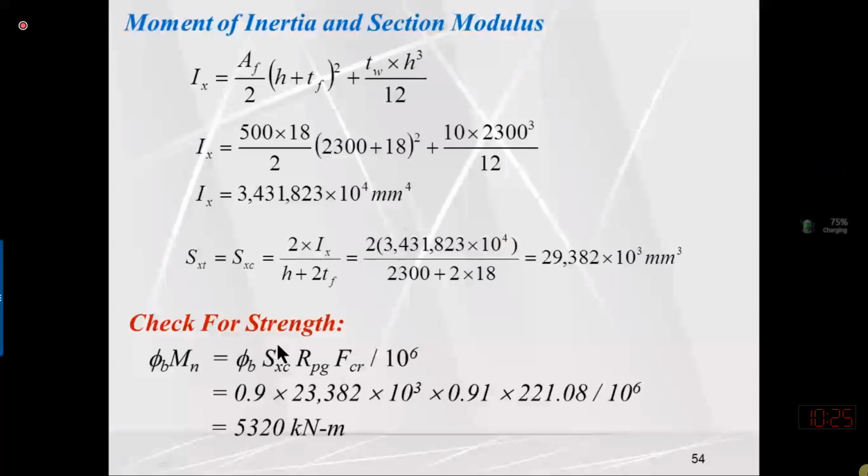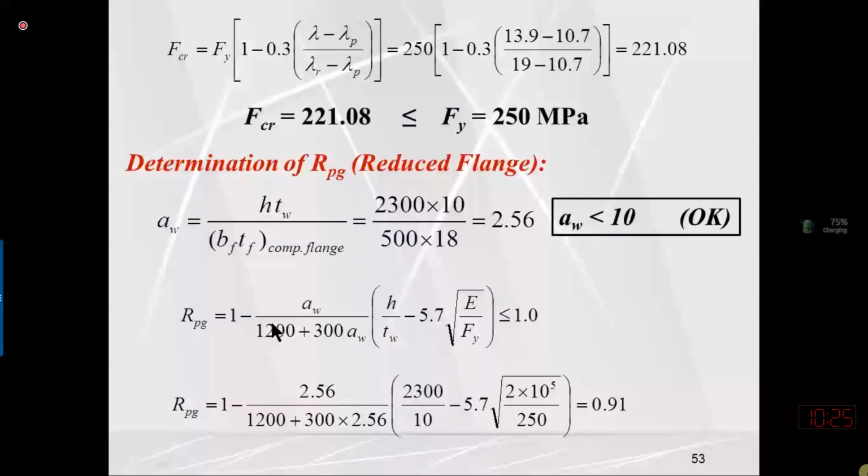Let's first of all determine the RPG value. RPG value will be determined by the same formula that we have already discussed. You don't need to memorize this formula because it is given in the LRFD design aid. For RPG, we need to know the AW value. AW is the ratio of the web area to the flange area.